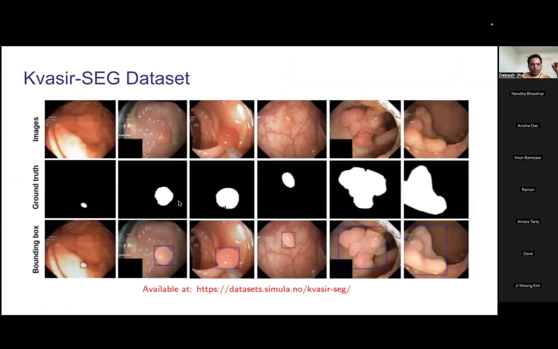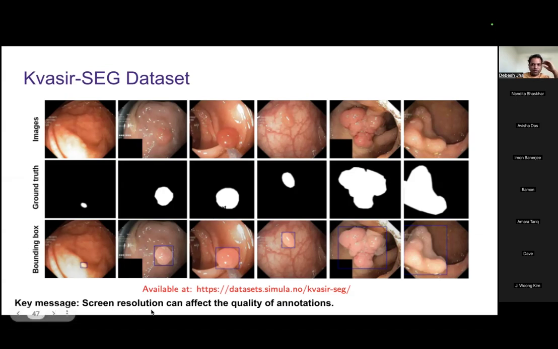And this is one of the popular datasets I developed, so I will not talk a lot about this. This work was done in 2020, and this is one of the most used datasets today for polyp segmentation and detection. While developing the dataset, one key message that I learned was that screen resolution can affect the quality of the annotation.